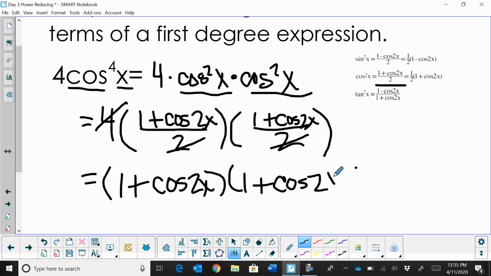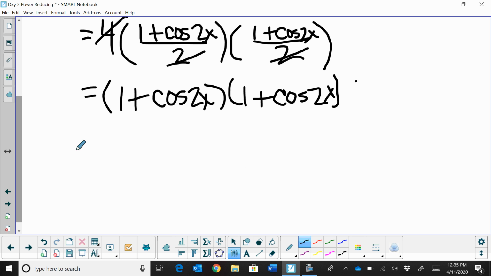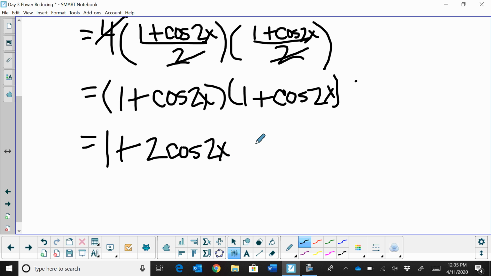Now, as you can see, we have two binomials, and we need to multiply these together. So let's FOIL this out. So first is going to give me 1 plus outer and inner. That's going to give me 2 cosine of 2x. And then my last, when I FOIL the last two together, I'm going to get cosine of 2x times cosine of 2x.